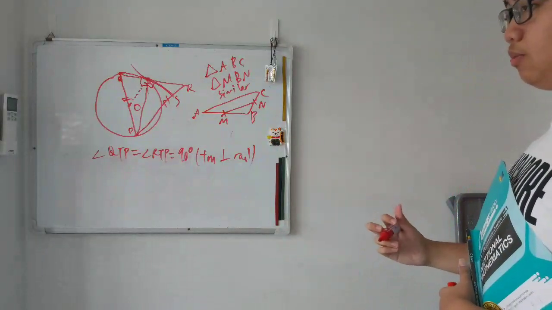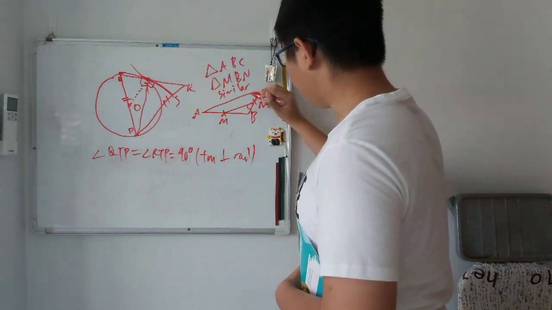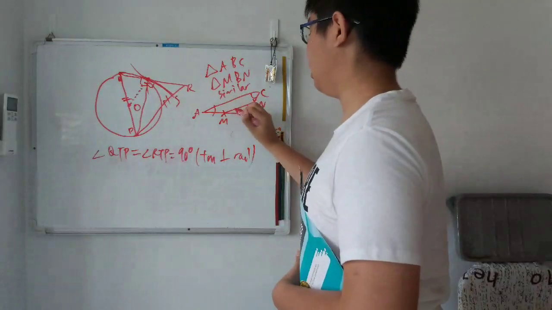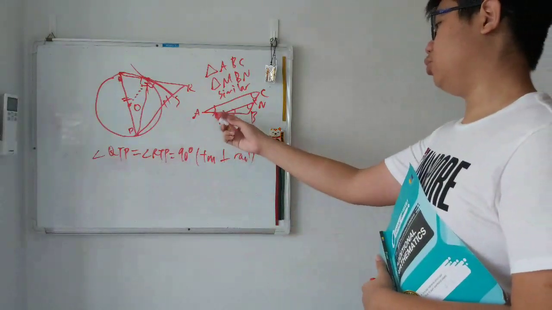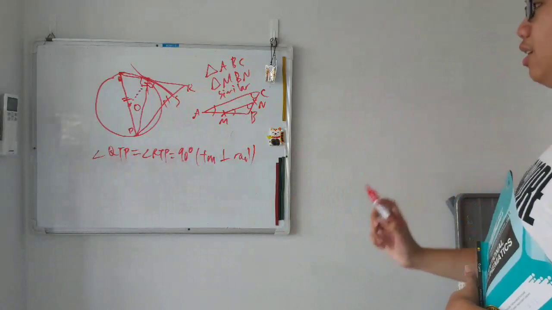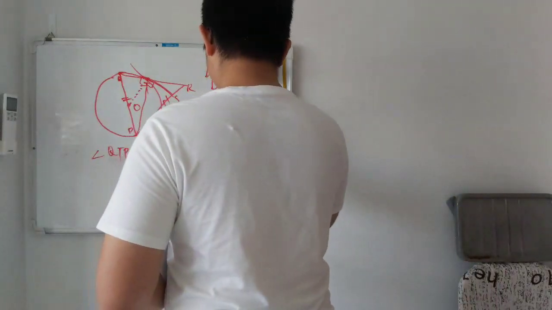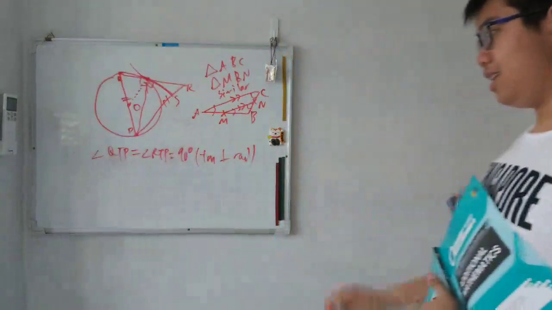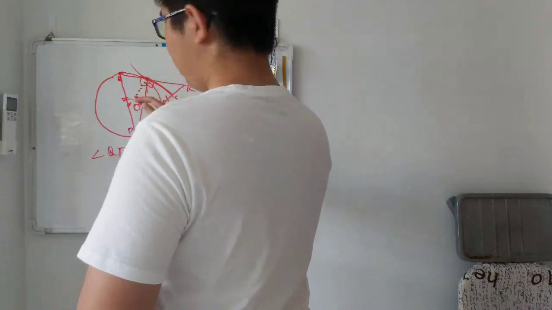So they are similar, and because they are similar, we will know that this angle and this angle are equal, this angle and this angle are also equal. So what does this mean? What does this look like to you? If these angles are equal, like this, they are corresponding angles. So we need to say, by the converse of corresponding angles, these two are parallel.